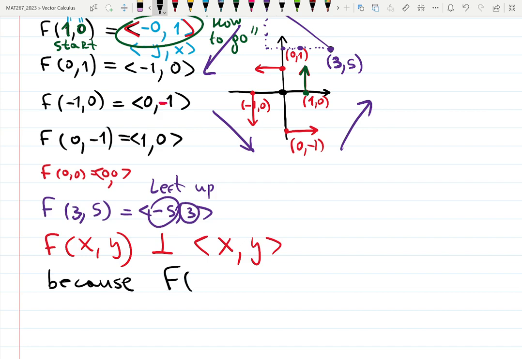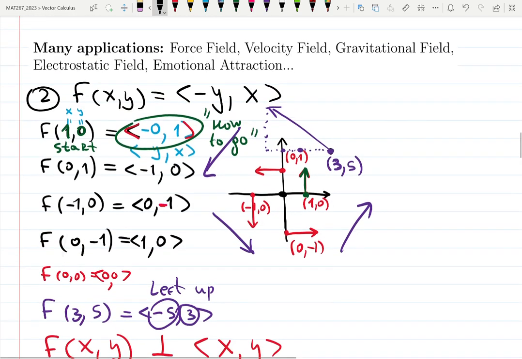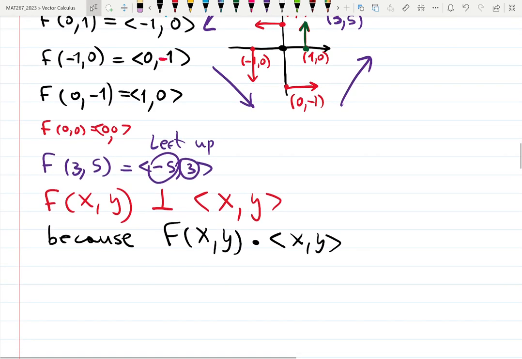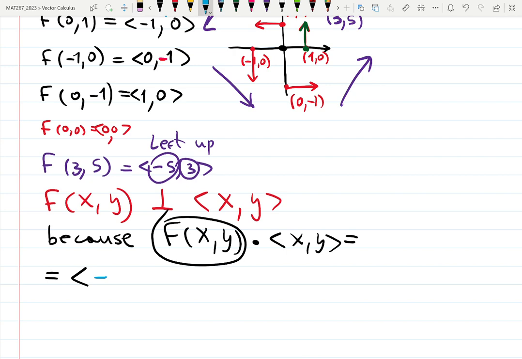if you multiply F, which is -y, x, that's like a classical one, right? With x comma y. Then you will have a dot product. The first term is defined as -y and x.